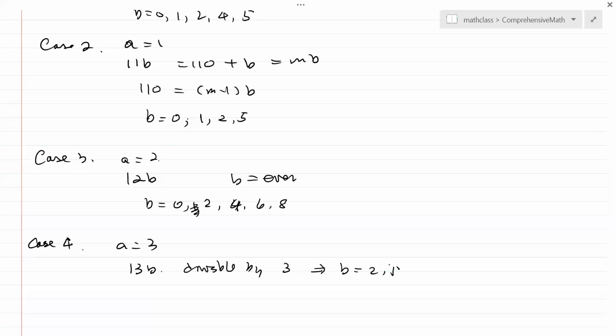So you can quickly determine it's B equals 2 or 5. If it's 2, then it divides by 2. If it's 5, then it also divides by 5. So you only get 2 quickly.